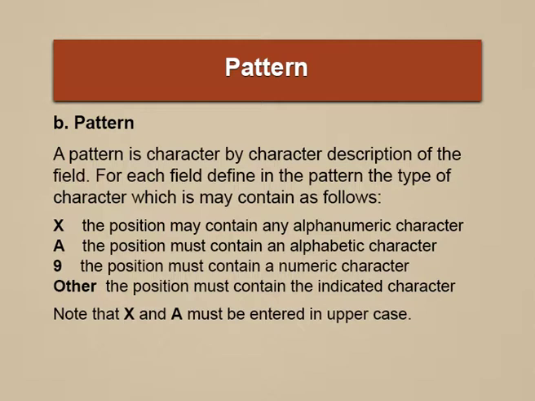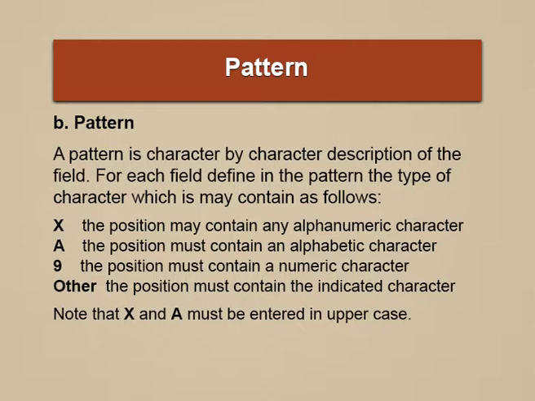Now, if I add the pattern as 99-999/AA, it means in the first 5 character positions we can enter numeric values. Say in the example here we have given 35746. Now, after the forward slash we can enter alphabets.